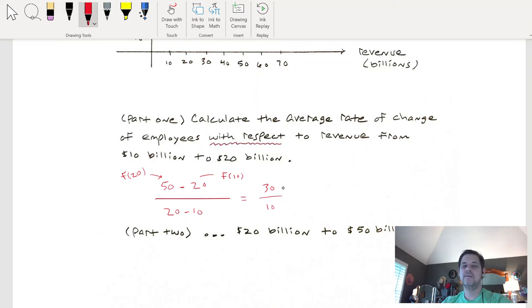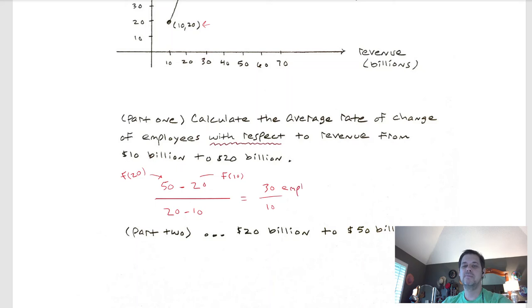This is employees, and this is in billions of dollars. So there are units in that number. My number is 30 divided by 10, which is 3.